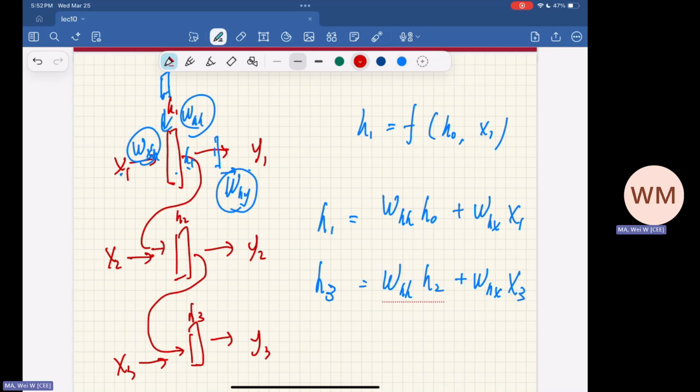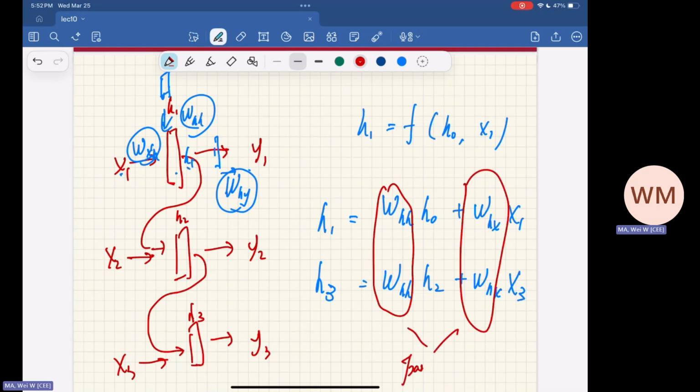So here you can see that we are sharing the parameters. In the original MLP, these would be different W because they are different layers. But here we do parameter sharing. This can reduce the number of parameters, and it has an interpretation: even though time flows, the mechanism is the same, so you should use the same W.